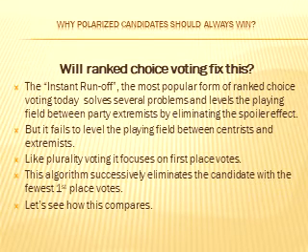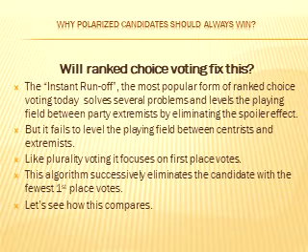Now, will ranked choice voting fix this? The instant runoff, which is the most popular form of ranked choice voting today, solves several problems and levels the playing field between extremists by eliminating the spoiler effect.